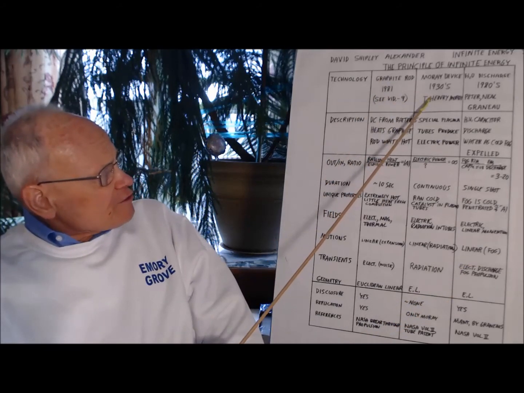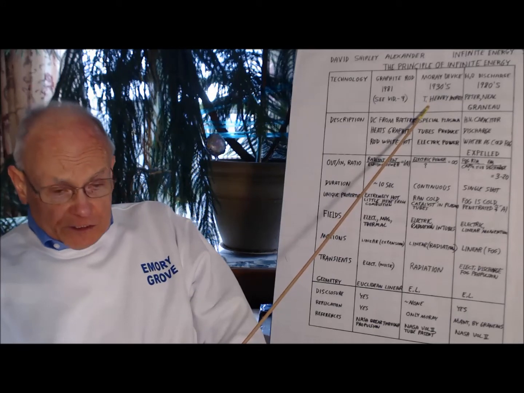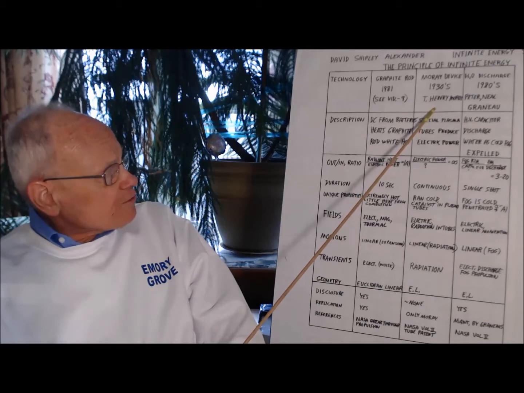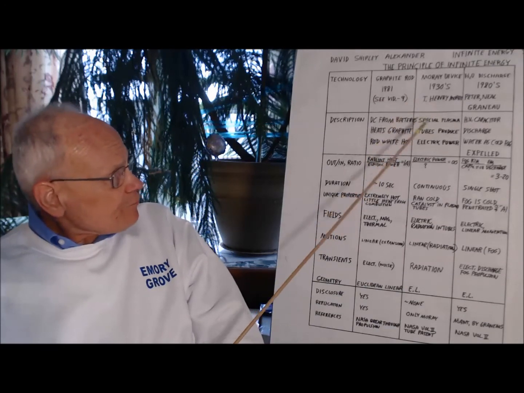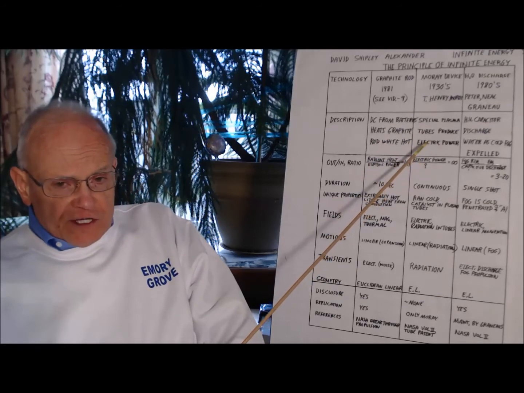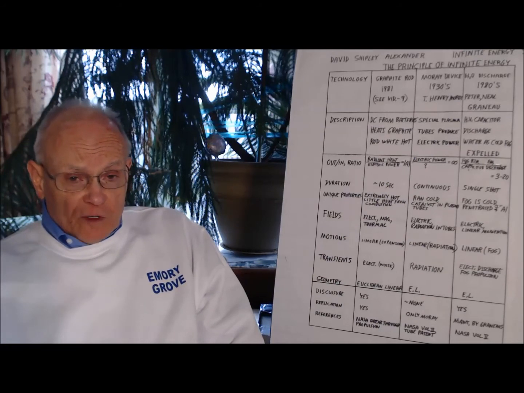The second technology was known as the Moiré device. This was extensively publicized by Dr. T. Henry Moiré in the 1930s. What he would do was take his device, which was in a wooden box about 2 feet long, 1 foot high, 1 foot wide.